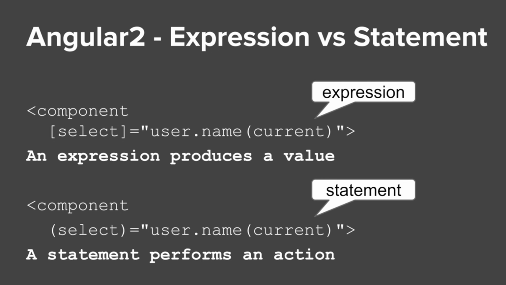Every time this event gets emitted by this component, it will catch this with the parentheses, and it will execute this function. The other way around is, okay, I want to bind this select property to the result of this expression.